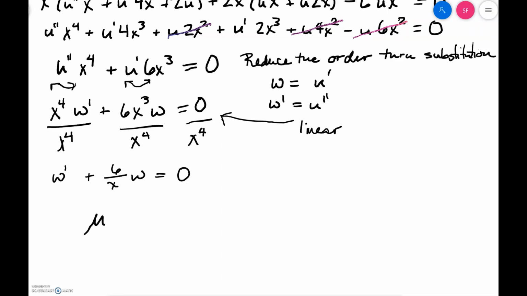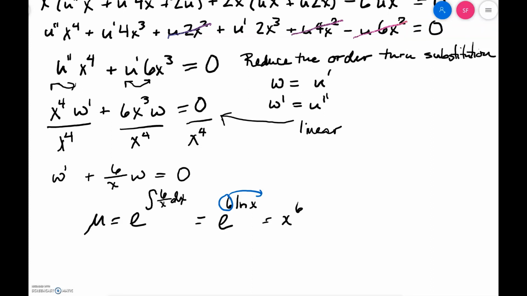We find an integrating factor. If we integrate that, we have 6 natural log of x. Remember, let's make that into a power. And so this now becomes x to the 6th.